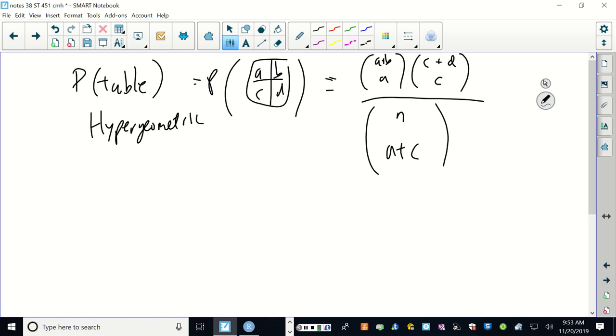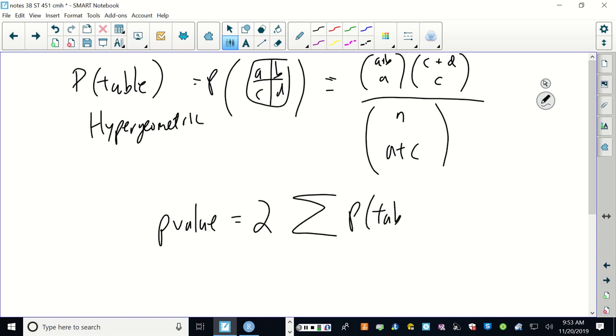As you adjust the A's and B's for those other tables, the probabilities change. And so the p-value for testing the hypothesis is twice the sum of the probability of a table over the list of tables that I made on the other page.